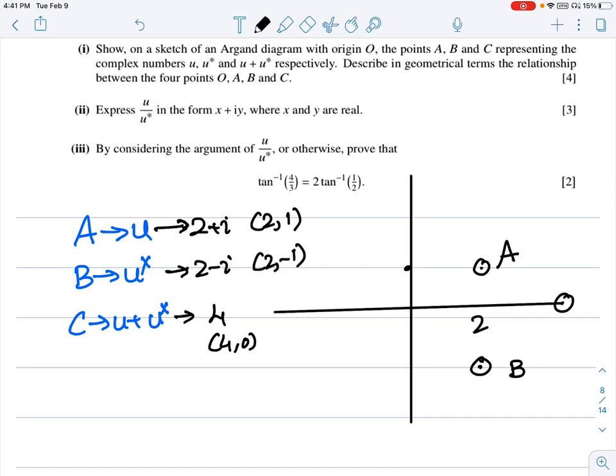And origin is O. This is x-axis, which is real axis. This is y-axis, which is imaginary axis.